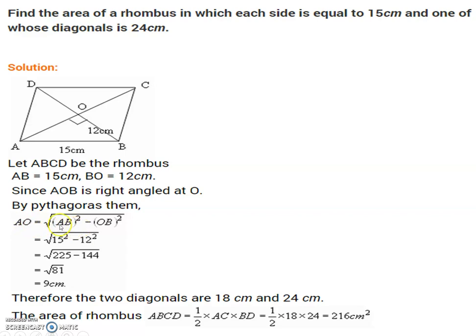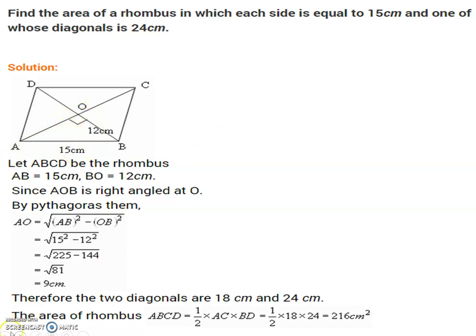AO square is equal to, what is the Pythagoras theorem? Hypotenuse square is equal to side 1 square plus side 2 square. But here the hypotenuse is opposite, it is 15 centimeter, already given. Why?